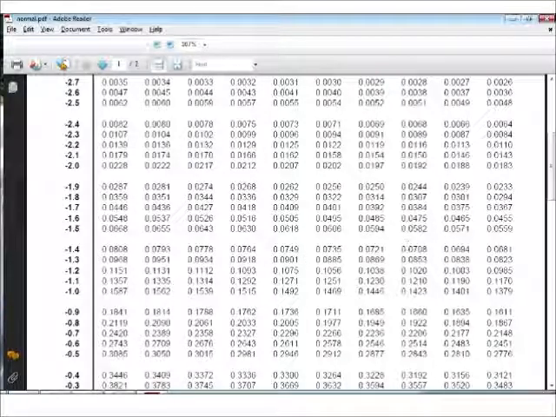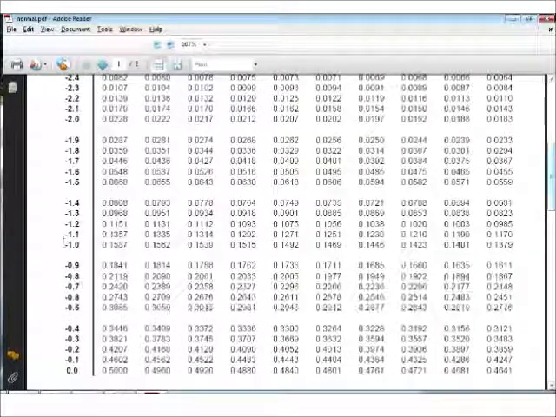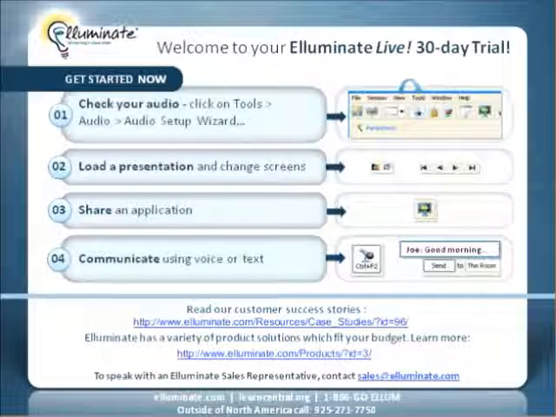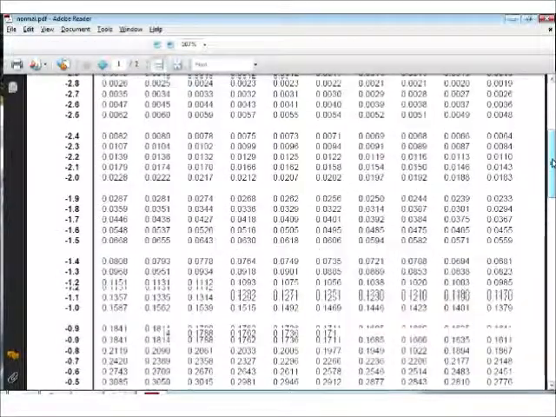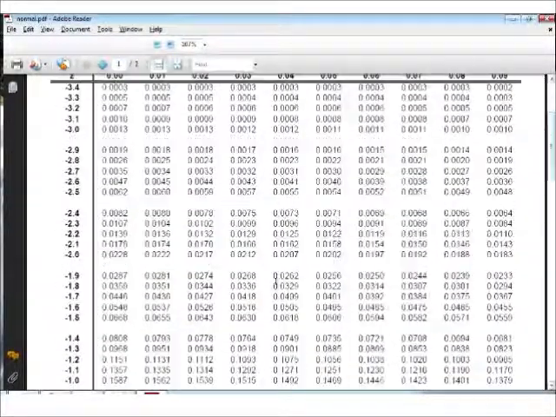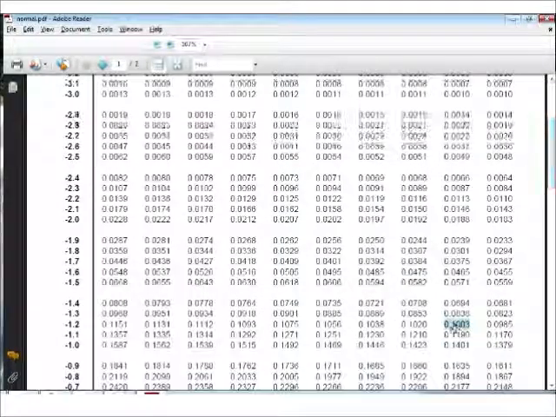Or is 0.091, whatever it is, whichever is closest, we select a z value from here. Let me see what is the z value here. It's minus 1.28. So an alpha value of 10%, the 10% significance level, this is the closest.